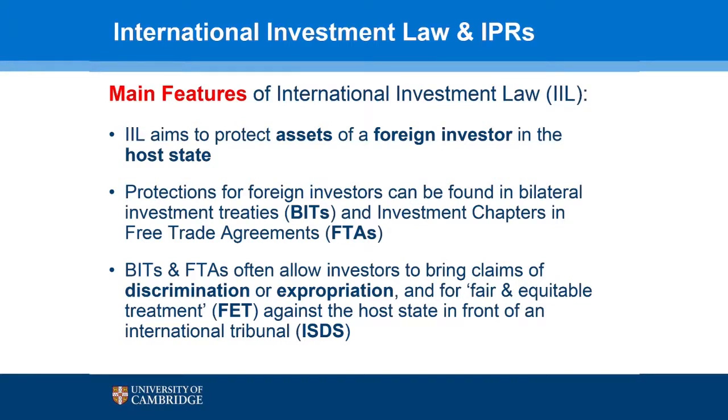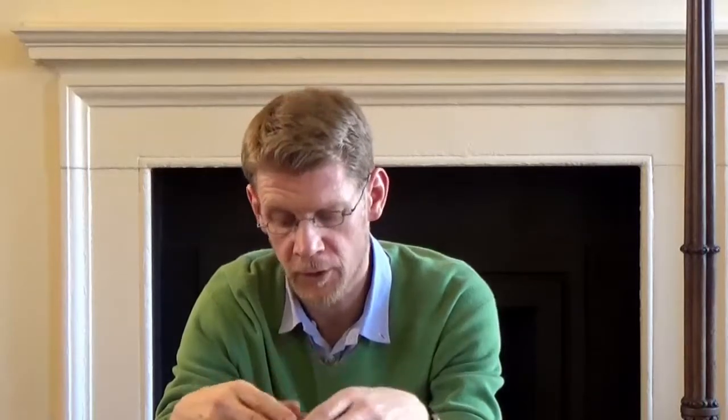The NAFTA, the North American Free Trade Agreement, signed alongside the WTO TRIPS agreement in the 90s, is a very prominent example of an agreement including an investment chapter. The WTO so far, just as a side note, has not been able to agree on standards for the protection of investment, and there have been several attempts to negotiate a multilateral treaty on the protection of investment, but that always so far has failed. That's why we have these bilateral or regional treaties which cover these kinds of protections.